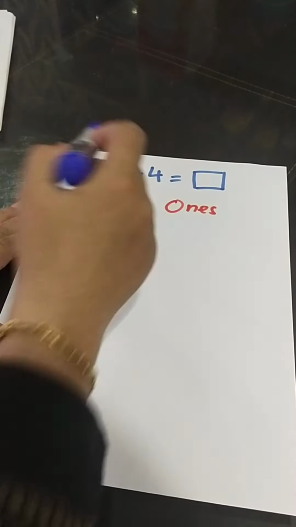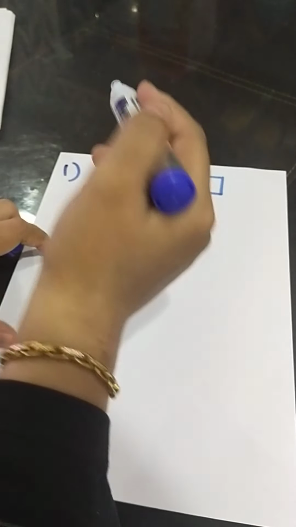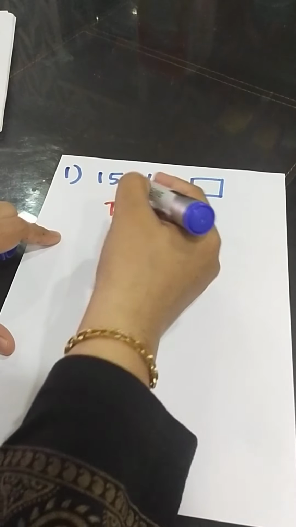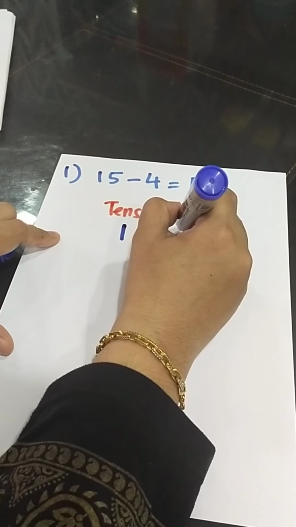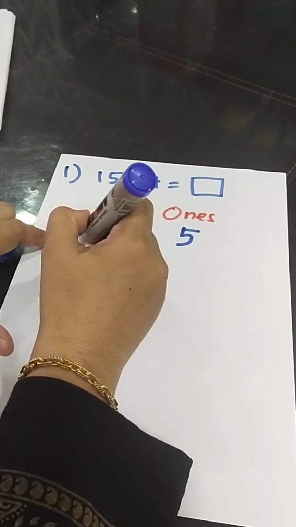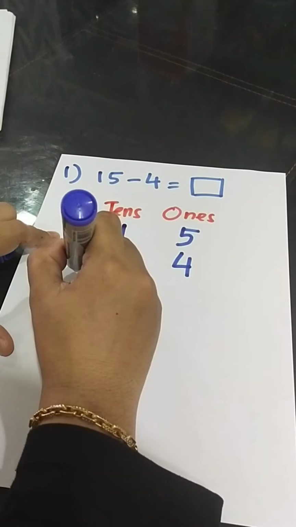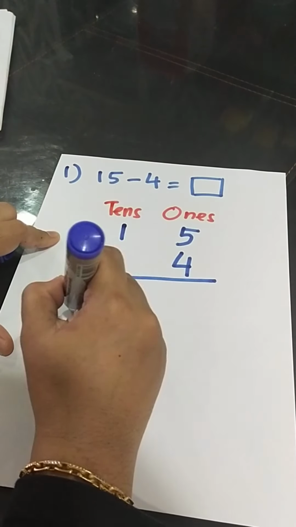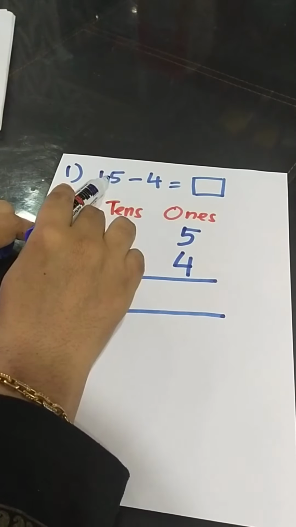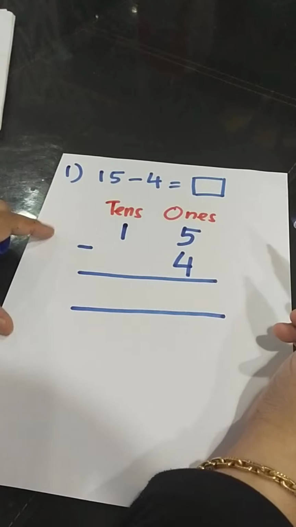And then we need to put the number to the correct place value. Okay, this is 15. So we put 1, 5. 1 at tens, 5 at ones. Minus 4. Underline. Okay, after we change from number sentence to standard written method, we can calculate.